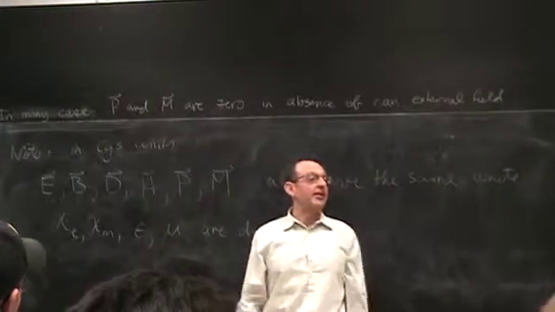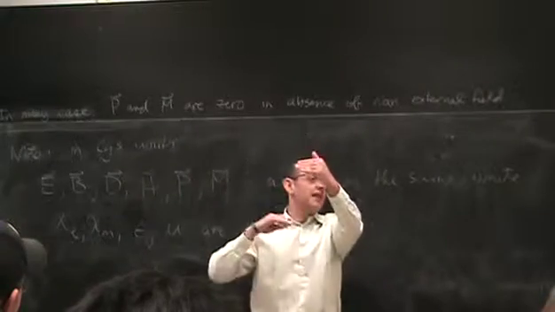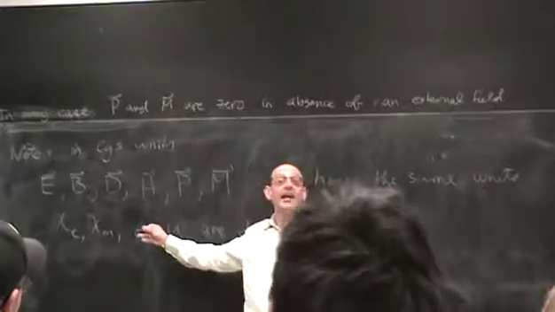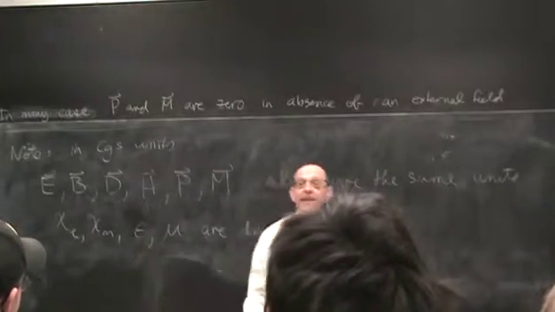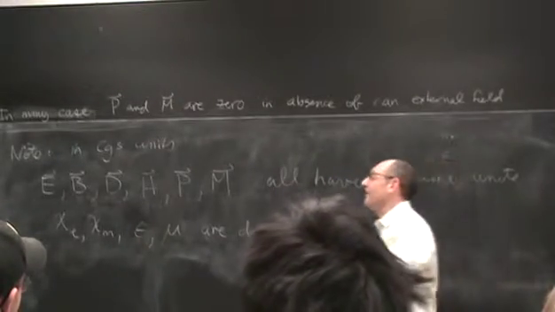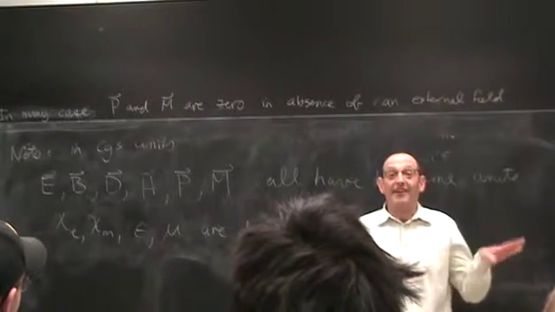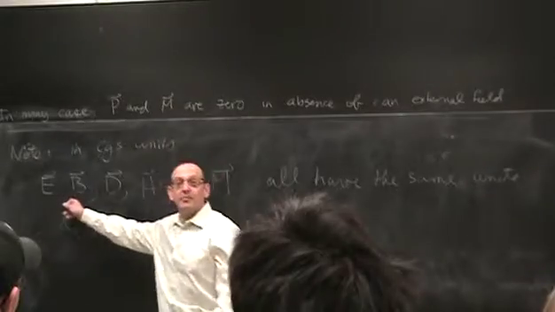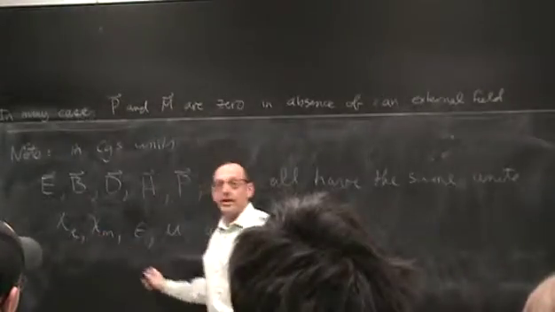And then you typically look at the ratio of epsilon to epsilon naught, or mu to mu naught. We call that the dielectric constant, something like that. But here, epsilon naught and mu naught are one. They don't have units. So all of these guys have the same units, and these are dimensionless.